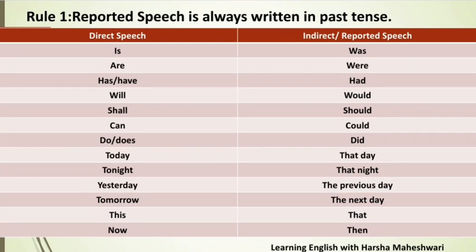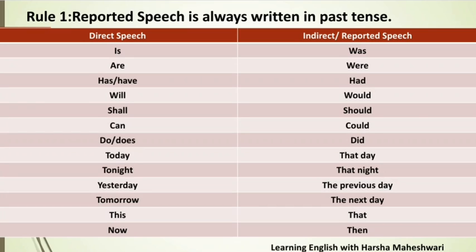Let's see the following rules of reported speech. Rule 1. Reported speech is always written in past tense. If the direct speech is "is," the reported speech will be "was." Are will convert into were. Has or have will convert into had. Will changes into would.